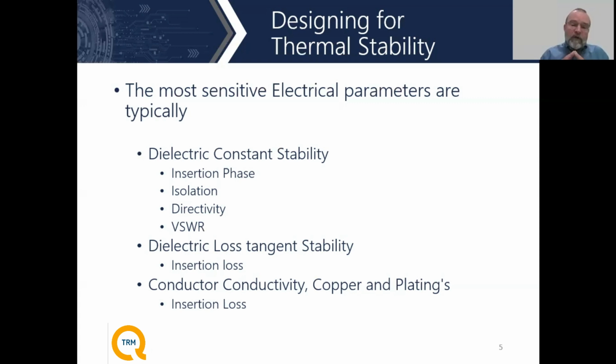What we have to do as we're designing these components is look at all of these thermal constants with the materials that we select. We try to minimize the variability within the materials we select to get the best performance over temperature. Some materials work better over certain temperature ranges, and material selection is key in designing for thermal stability.